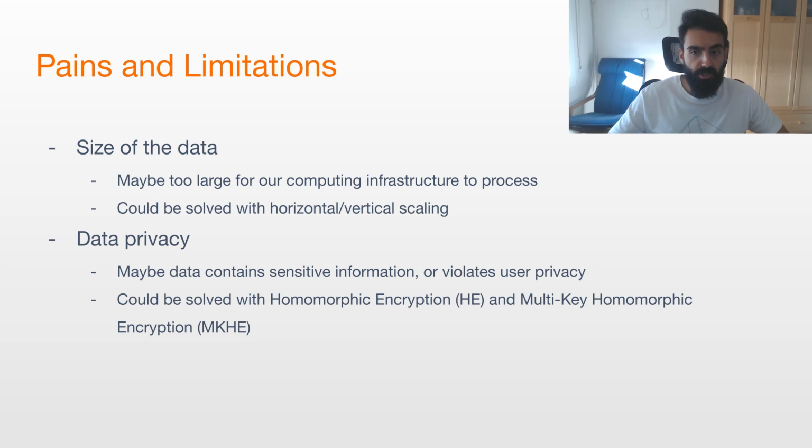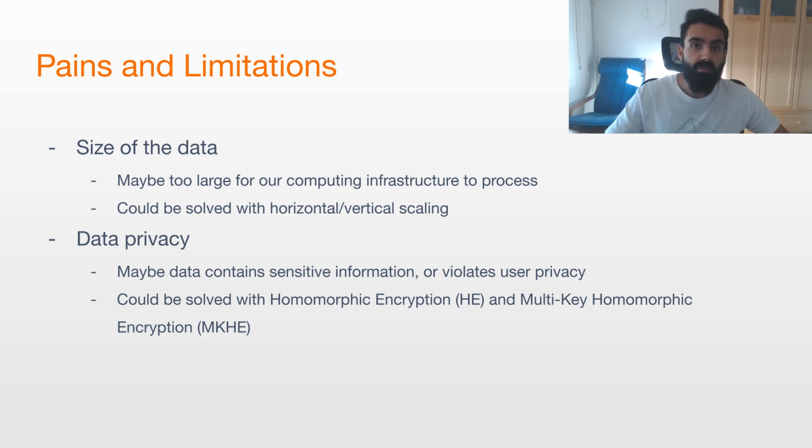Now, this works just fine when you can actually download the data, but there are scenarios in which this is not feasible or desirable. For example, maybe the data is too large to be held with the current memory and computing capacity of your system, or maybe the data is private and cannot be openly shared. In most cases, the first one can be solved by either horizontal or vertical scaling of your computing infrastructure.